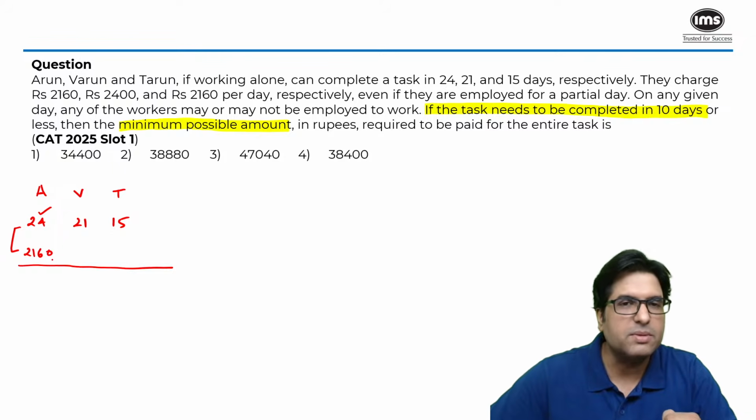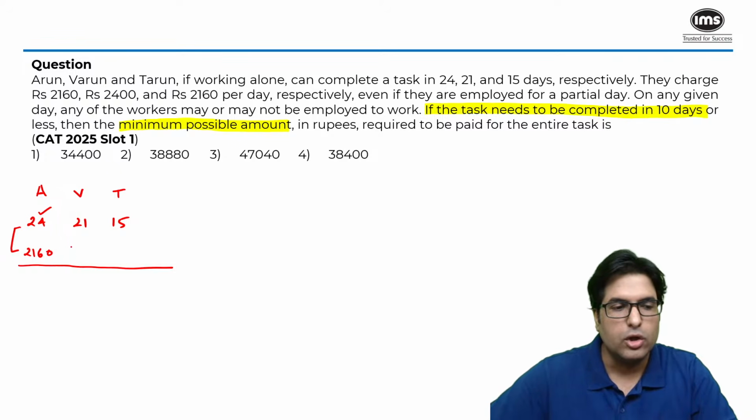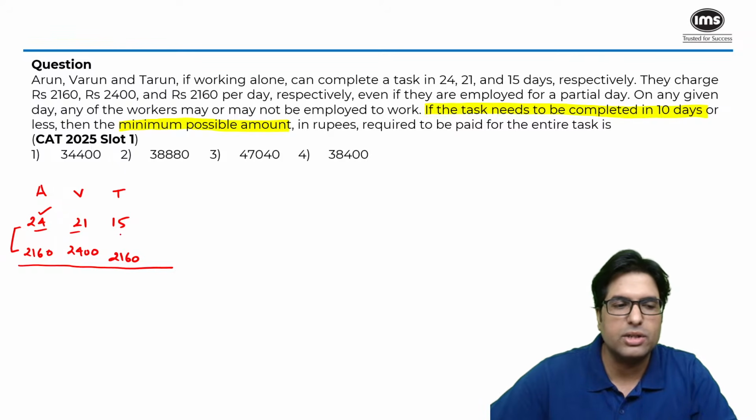Now, a very smart thing for us to do will be to deal with ratios and not really calculate 24 into 2160. So I'll write the corresponding per day payment for Varun, which is 2400, and for Tarun, which is 2160. Now, it doesn't really matter if I just want to compare who is charging me the highest and who is charging me the lowest, by just taking simply the ratios rather than actual values.